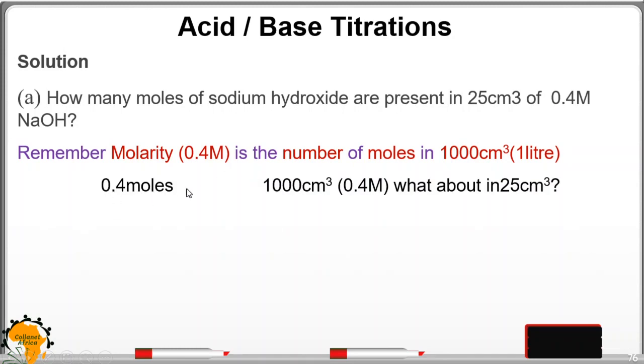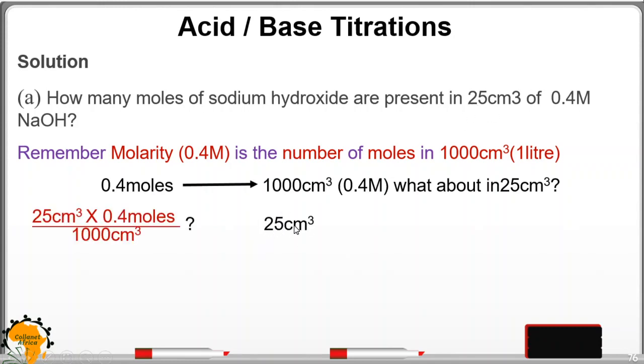Therefore, 0.4 moles are present in 1,000 centimeters cubed. So what about in 25 centimeters cubed? We multiply to get a value of 0.01 moles of sodium hydroxide.